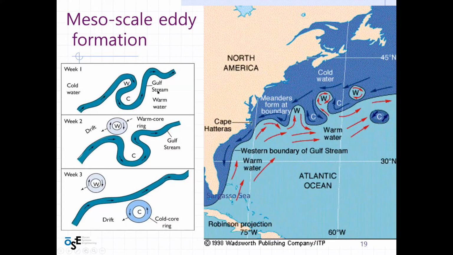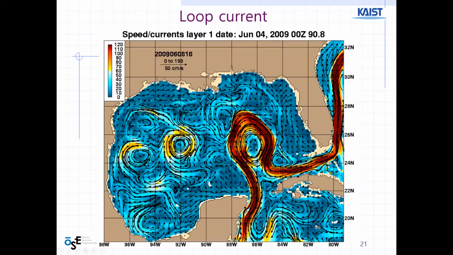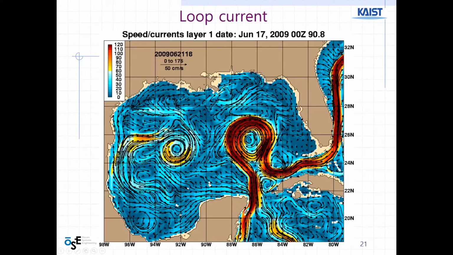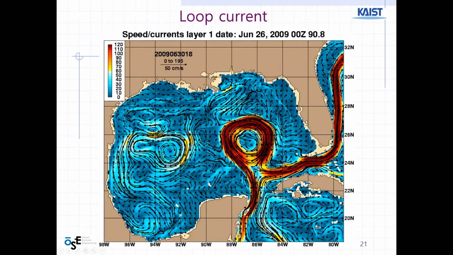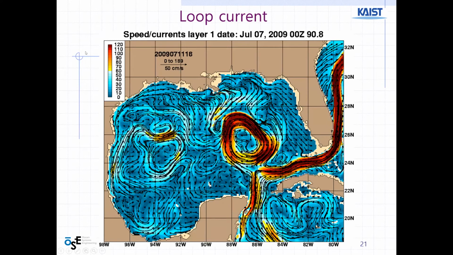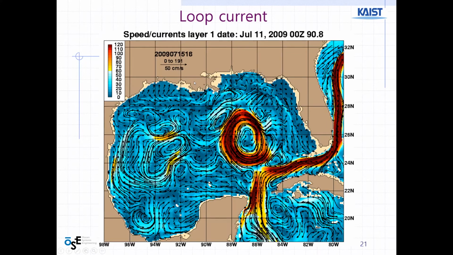As you can see in these two pictures, there was some circular movement in seawater. This kind of circular motion is called an eddy, mesoscale eddy formation.